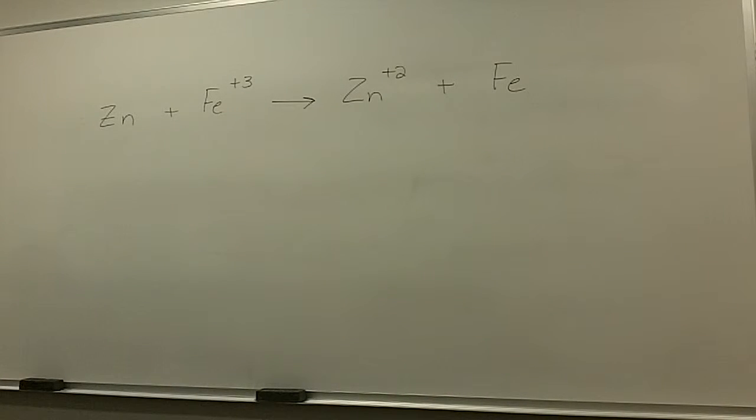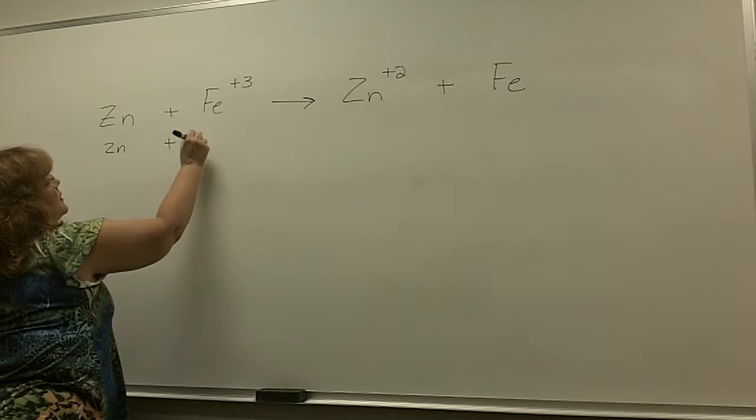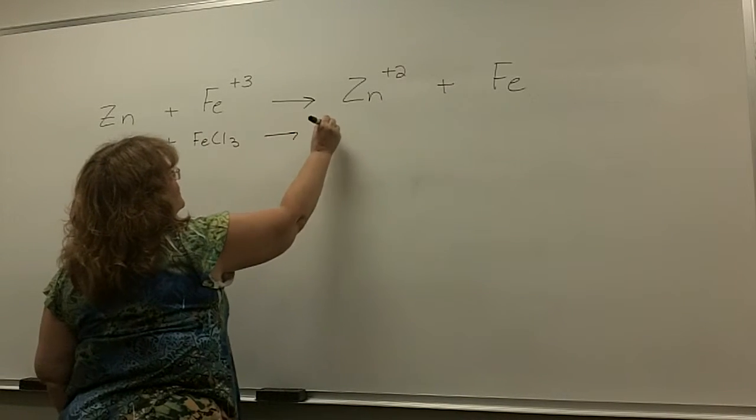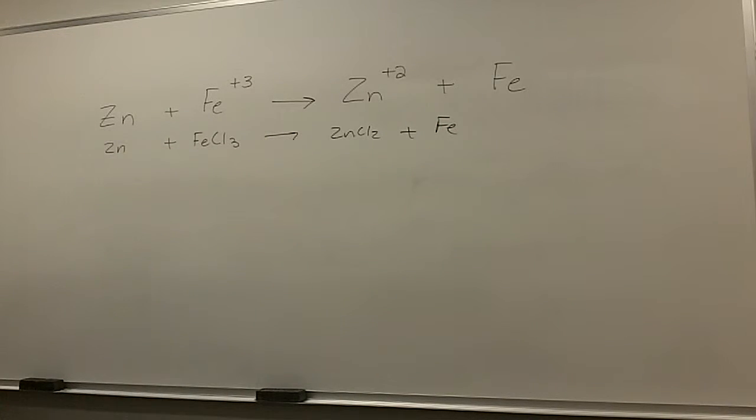We could call it iron chloride if we wanted to, but it's something that's got iron ions in it. The reaction occurs, the zinc reacts with whatever the iron was with to form an ion, and the iron comes out by itself. So you can think of it like this if we want to. It would be some kind of reaction kind of like that. But again, we're just dealing with the metal ions.